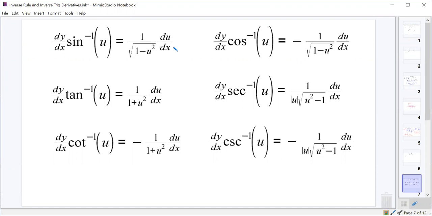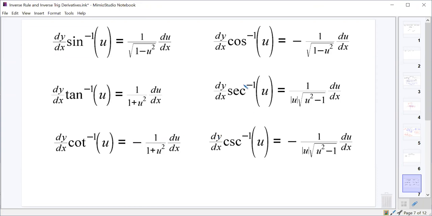So let's look at some patterns we notice here. First off, what's the only difference between inverse sine and inverse cosine's derivatives? One is negative. Yeah, the co-function cosine has a negative derivative. Okay. What about between tangent and cotangent? The only difference is a negative.